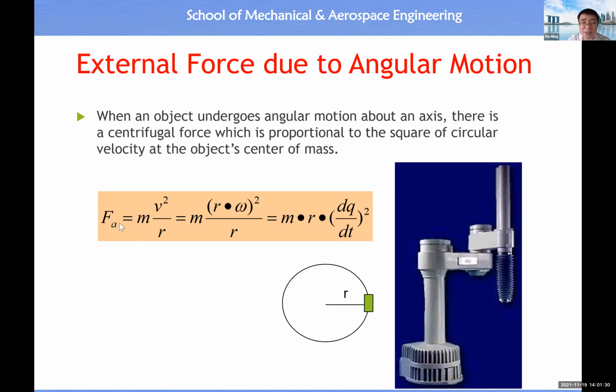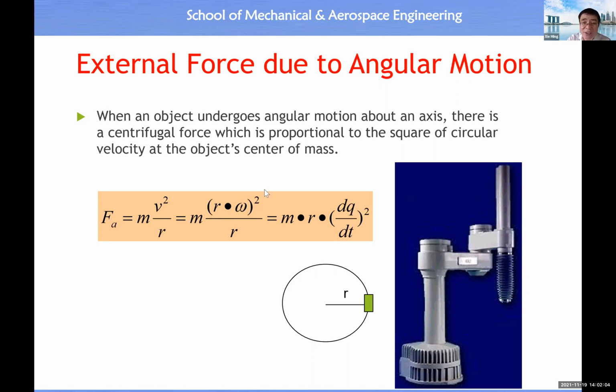So what will be this centrifugal force? It is equal to the mass times centrifugal acceleration. Centrifugal acceleration is equal to circular velocity squared divided by r. Circular velocity equals angular velocity times the radius. Then you can cancel the r. Then you have m times r times omega squared, where omega is the first-order derivative of angular position.